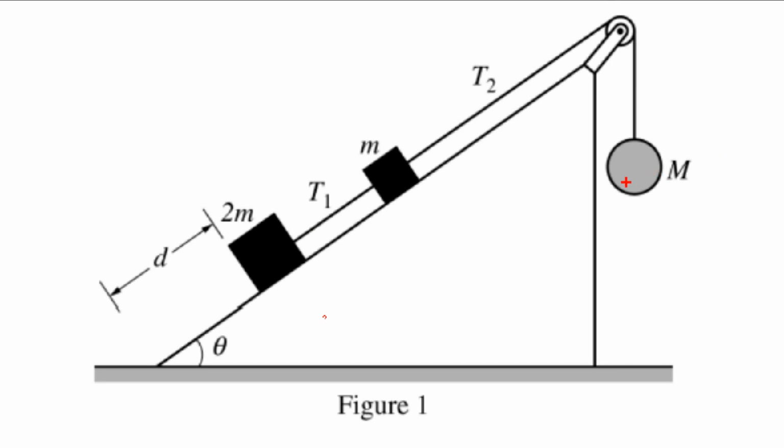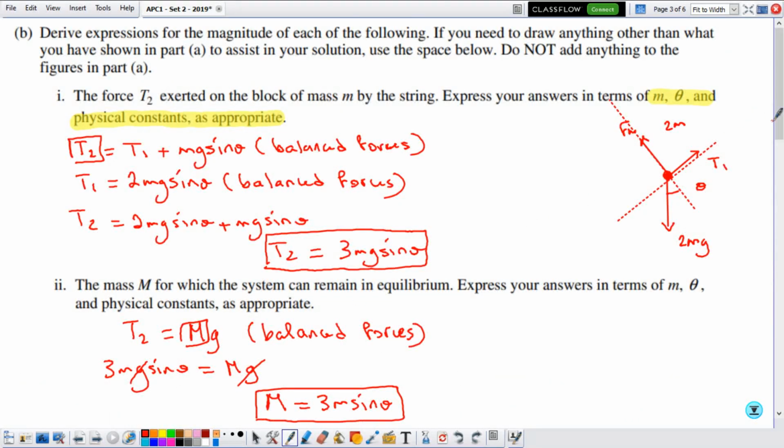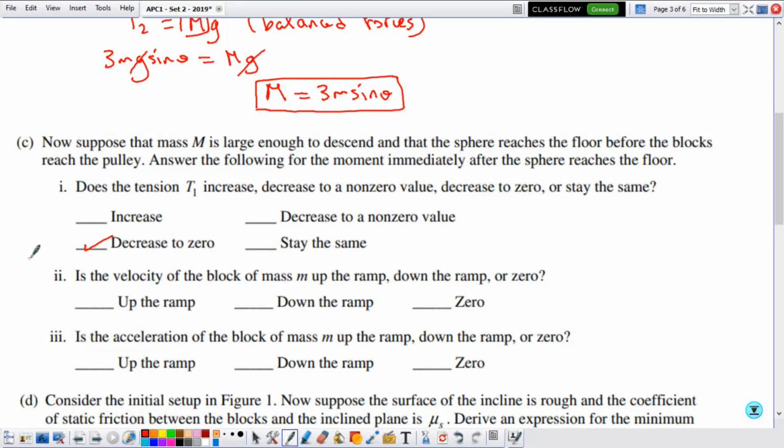So the moment this hits the ground, this string will lose tension because this will be projected up, and this string will become loose, which means that the tension T1 along the string would be 0. So the correct answer would be decrease to 0. And if you notice carefully, they didn't ask for any justification, so that would give you the full mark.